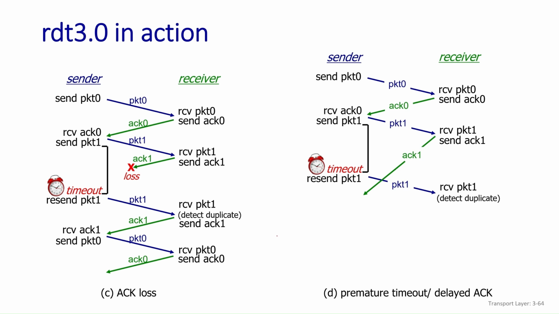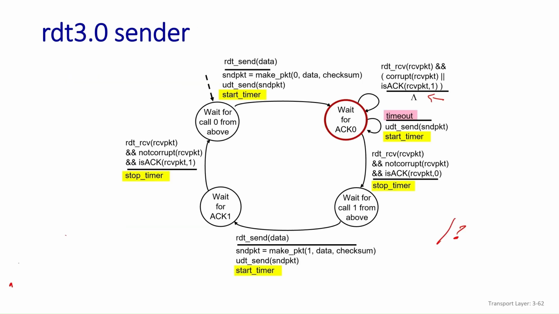But what action will be taken on receiving this acknowledgement 1? We'll do a transition to wait for 0 from above, right? And if we receive another acknowledgement, which we will in this case, no action will be taken at the sender, right? So if I go back quickly, yes, this is the action that we're talking about.